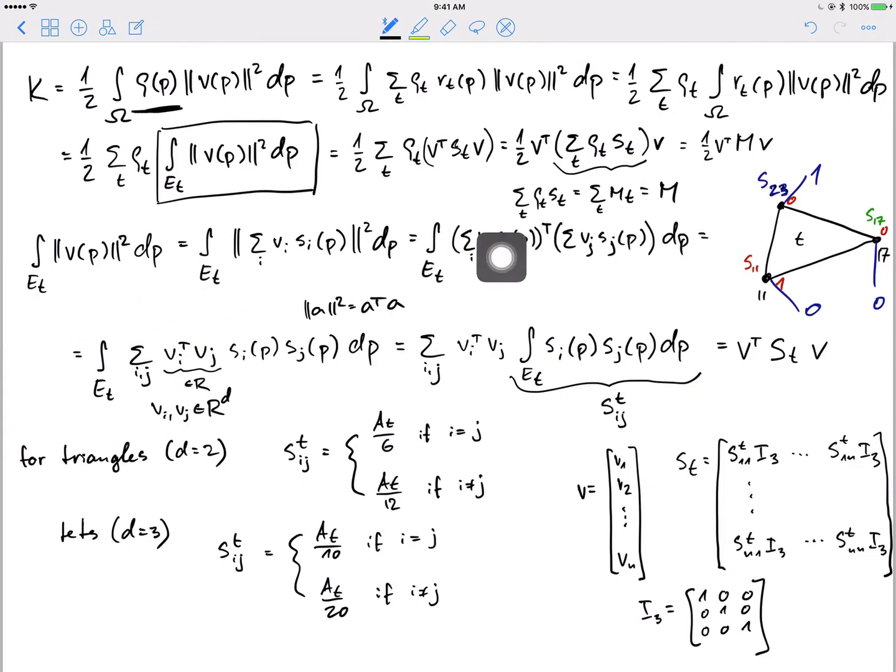So what does this mean, the rho_t S_t? The S_t is this matrix, which is almost everywhere 0, except for the one element I'm talking about, and that element always has the area multiplier there. I guess you can also imagine that the zeros would be multiplied by A_t, because anything multiplied by 0 is still 0. So when I multiply the area in the 2D case, or the volume, by the density, what do I get?